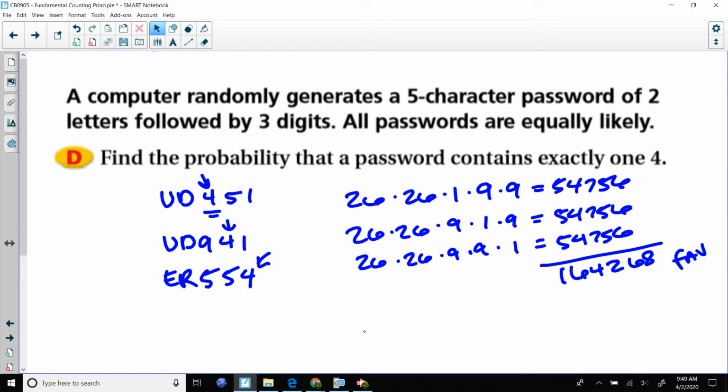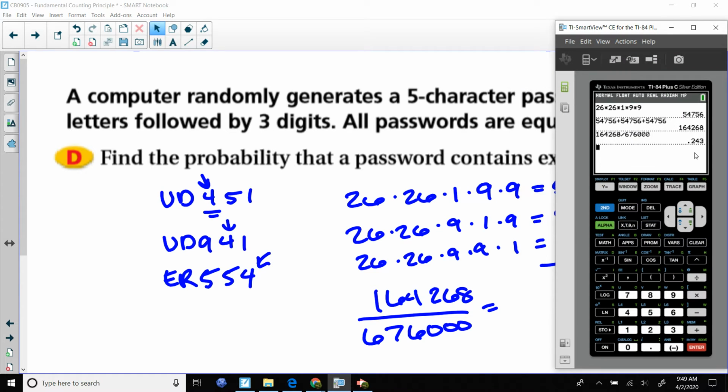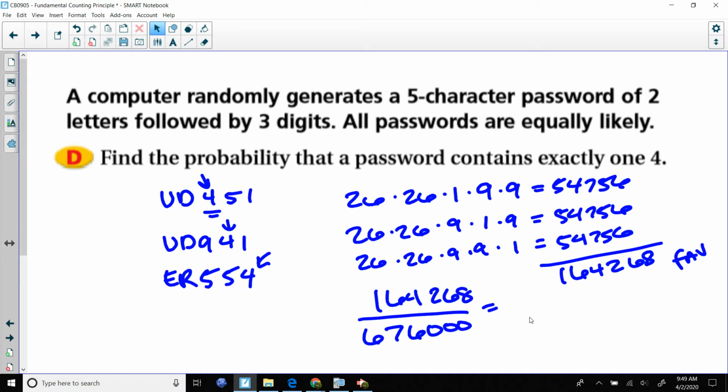On the last problem, we found out the total was 676,000, and we're going to do 164,268 divided by that 676,000. We already did that on our calculator, and we got 0.243. Lost it. Almost got it back. There we go. So 0.243 is our probability. This is 24.3%, but I like the 0.243 better for your answer.